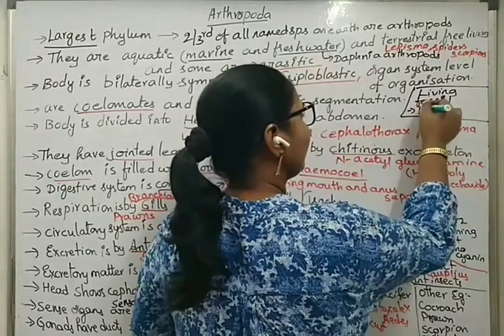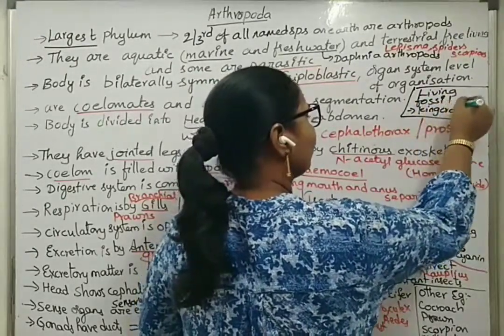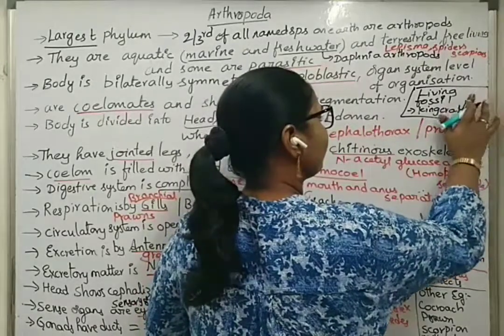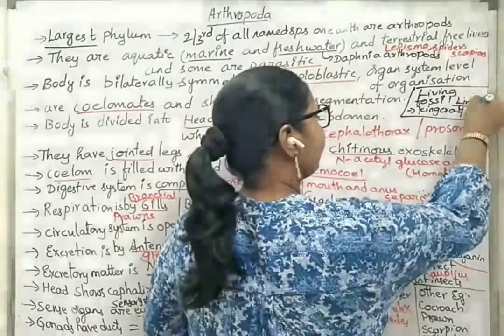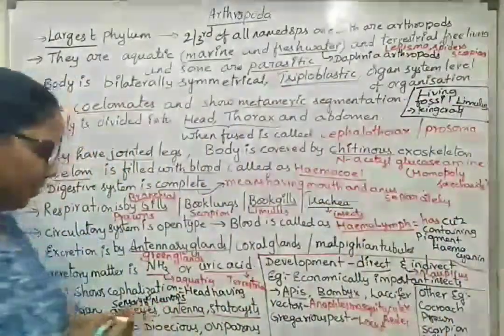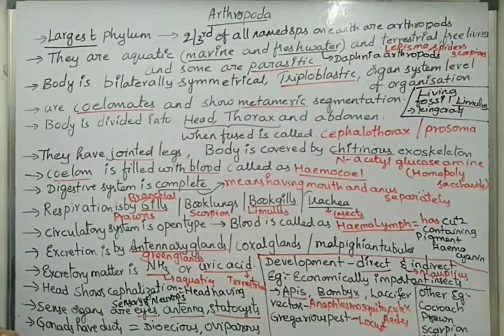The living fossil is the king crab or Limulus, which is also termed the horseshoe crab. So these are some of the characteristic features of Arthropoda.